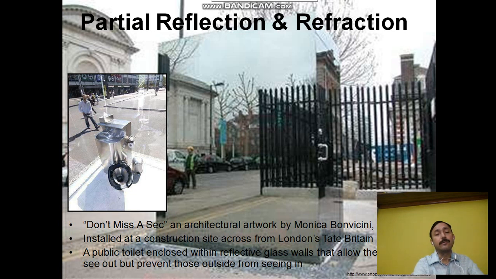He or she can see due to the refraction of light, but the person outside cannot see because the total light is reflected from the outside walls of the toilet. So this is a very good example, and it is publicly placed in Britain, a public toilet enclosed by reflective glass walls.